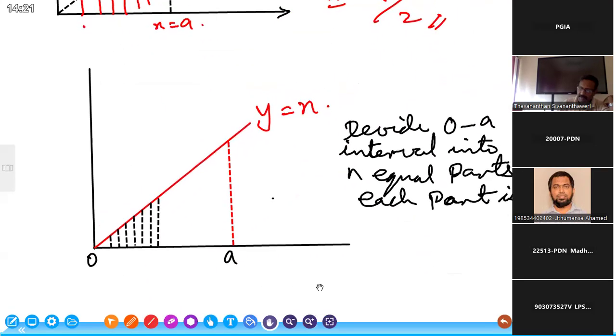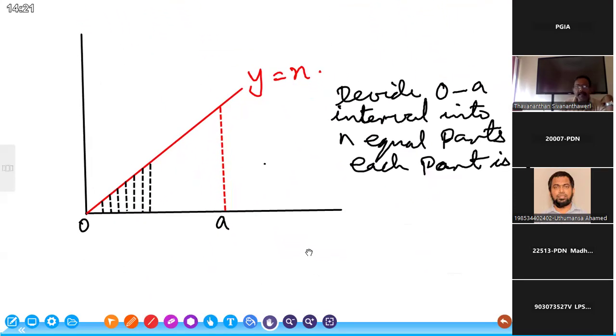Right. So we are dividing the total length A into smaller intervals of equal size, n equal parts. Each part is h. Each of these is h, a small component, right? So we could write A is equal to n into h.